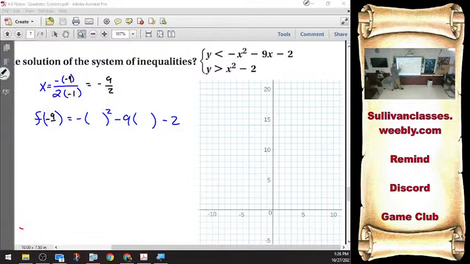Plug in negative 9 halves. Getting a negative 81 fourths plus 81 halves, which is 162 fourths, which is positive 81 fourths. Minus 2 is 77 fourths. Ew.